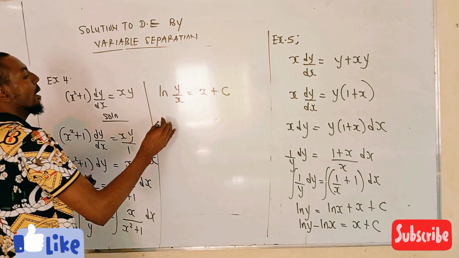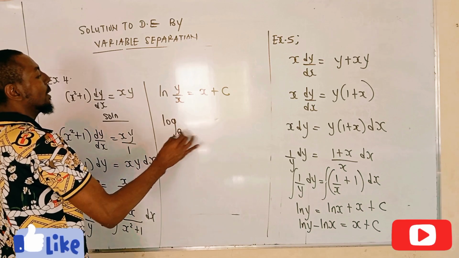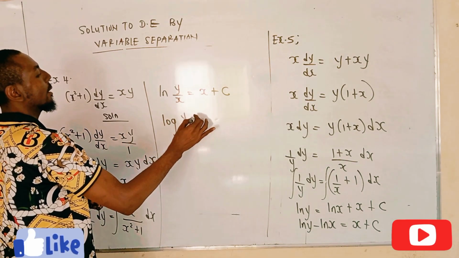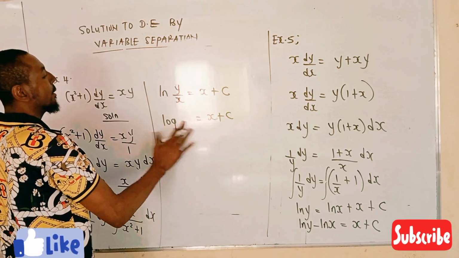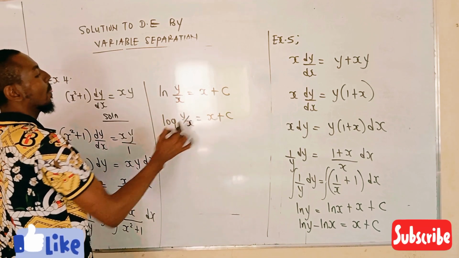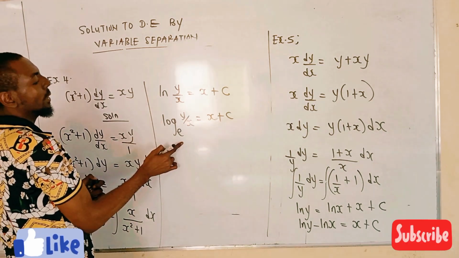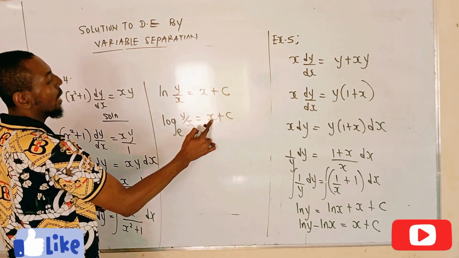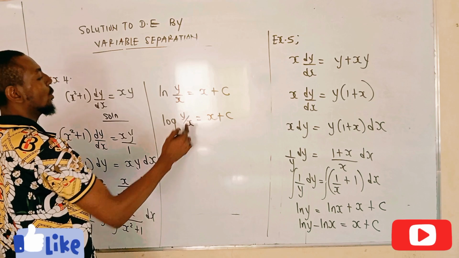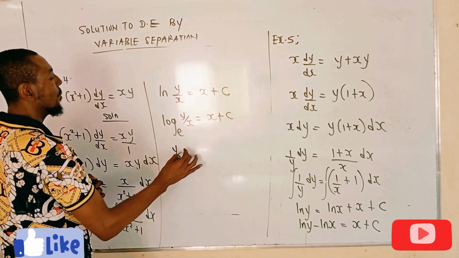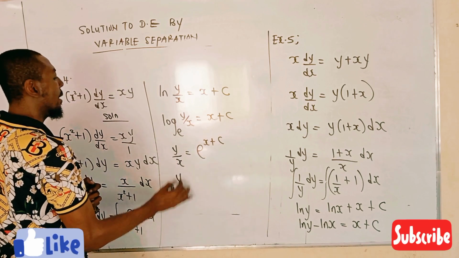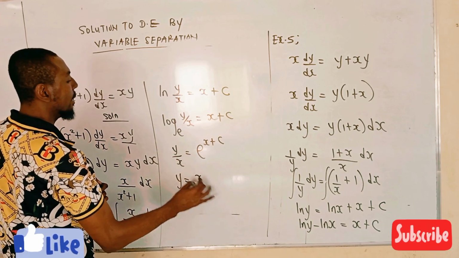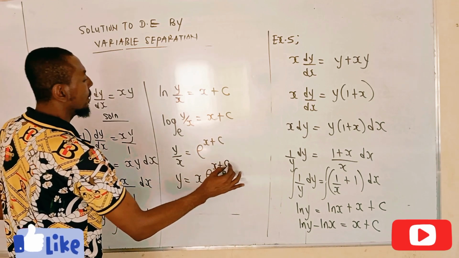To be clearer, I will say logarithm to the base e of y/x is equal to x + c. From what I have stated before, ln is log to the base e, so y/x must be equal to e^(x + c). Finally, y is equal to x multiplied by e^(x + c).